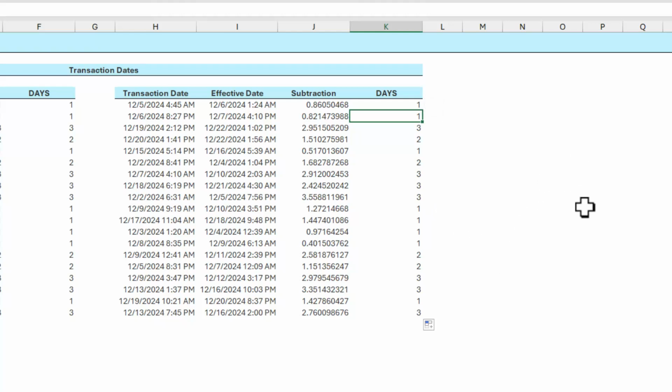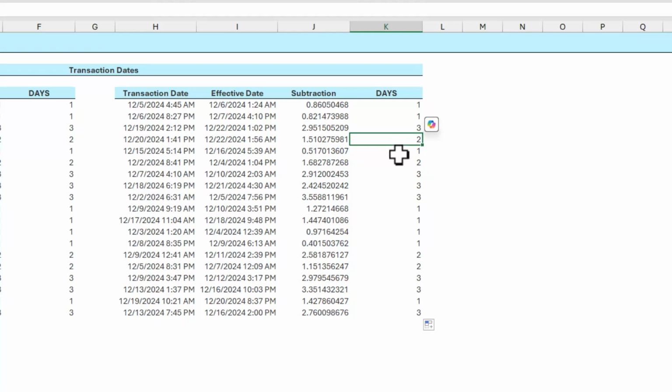What it is doing is it's ignoring completely the times and just subtracting the two days from one another. So we see here this is December 5th to December 6th, so clearly 1 day. The 6th to the 7th, clearly 1 day.